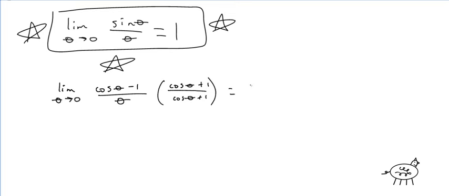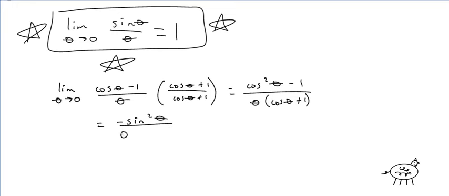And on top I get cosine squared of theta minus 1. And on the bottom I'm just going to leave it as theta times cosine of theta plus 1. Okay, and if you remember from sine squared plus cosine squared equals 1, cosine squared of theta minus 1 is actually equal to negative sine squared of theta, over theta times cosine of theta plus 1, right?